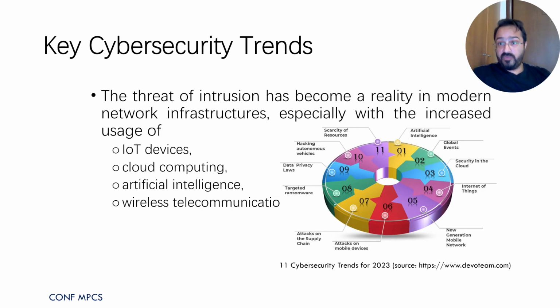We have the Internet of Things. We have the new generation mobile networks, where we're now talking about 5G, with 6G in the pipeline. We have attacks on mobile devices, because the mobile devices we use are small computers with enough power to do many things.